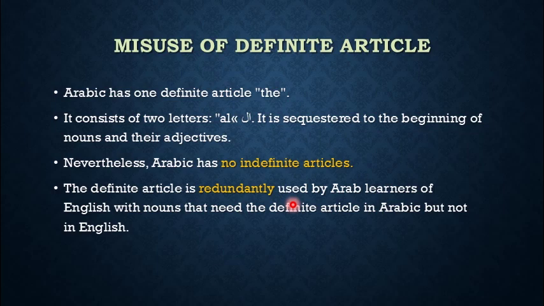The definite article is used redundantly by Arab learners of English with nouns that need the definite article in Arabic but not in English. They just overgeneralize, and they use the definite article all along.